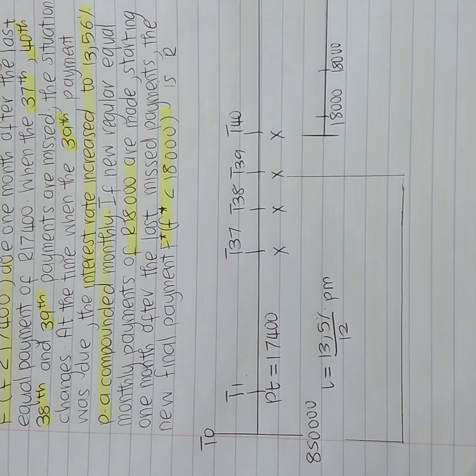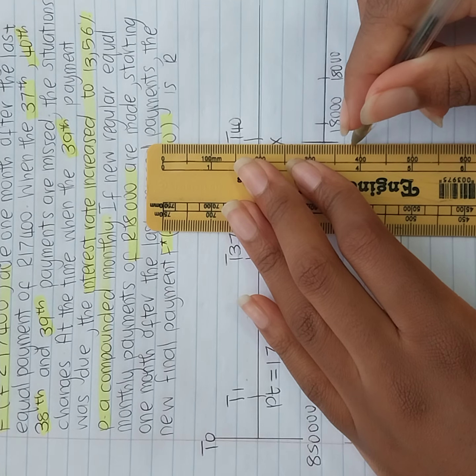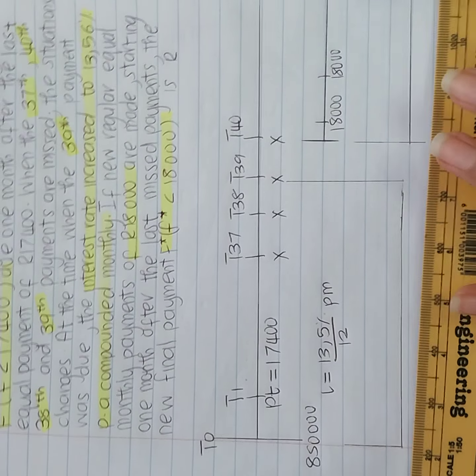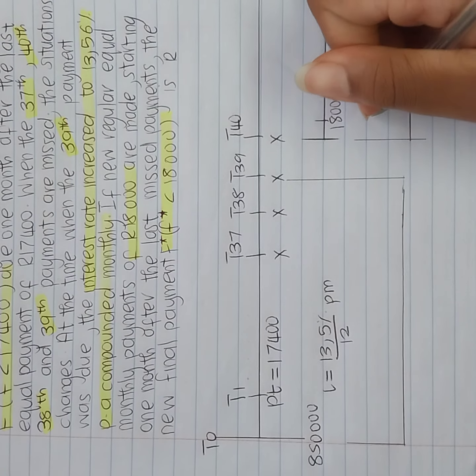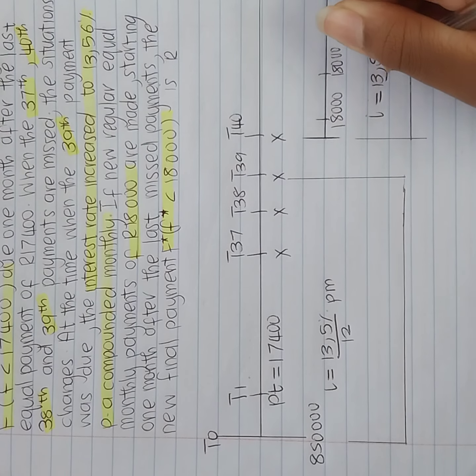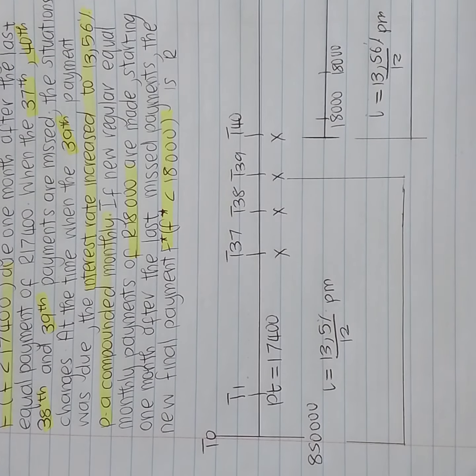And then from T40 all the way to the new period we need to calculate, we are using the new interest rate, 13.56% over 12 per month, right?